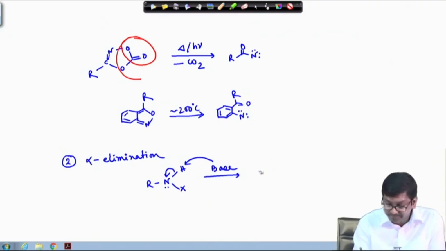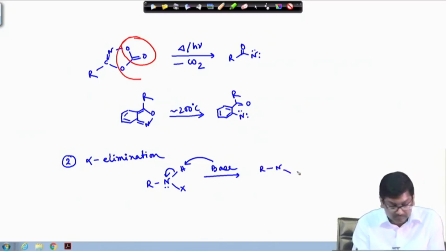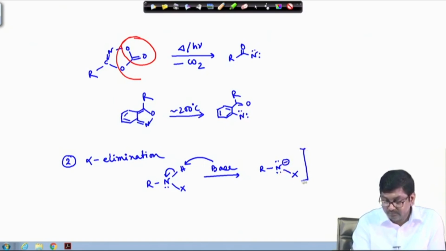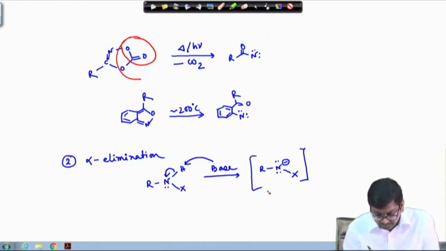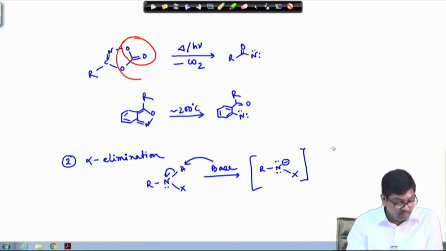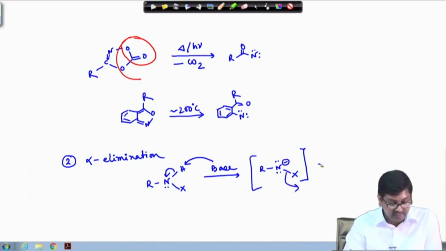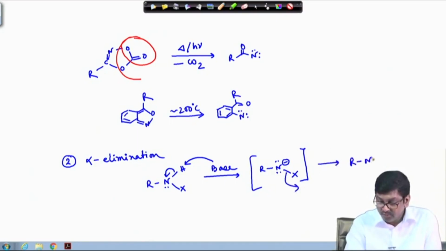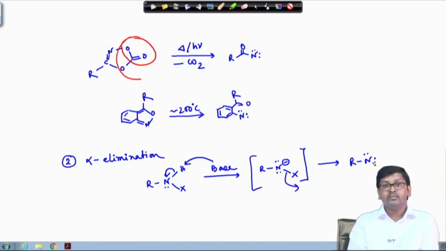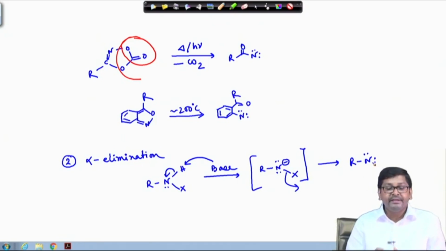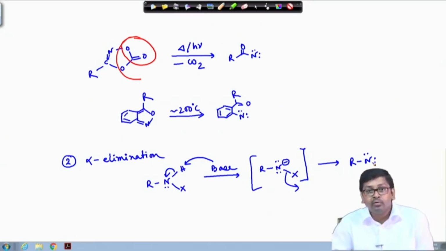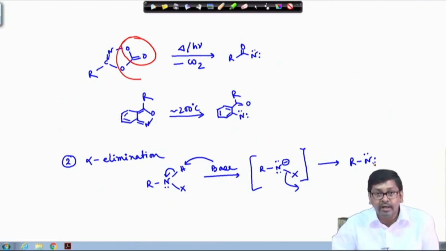So, in the presence of base, if that will pick up this, then obviously the alpha elimination will lead to the corresponding nitrene. Okay. So, this is another technique apart from the thermolysis or photolysis of the azides.